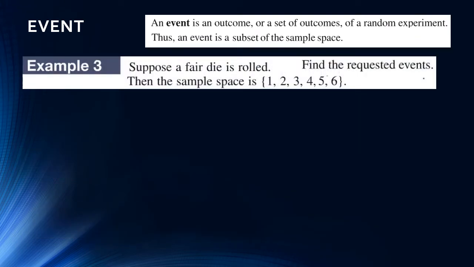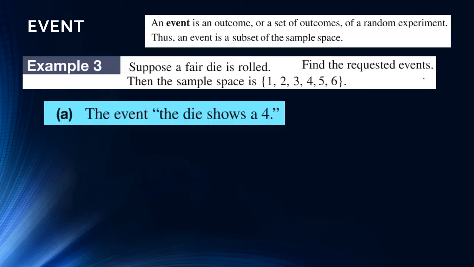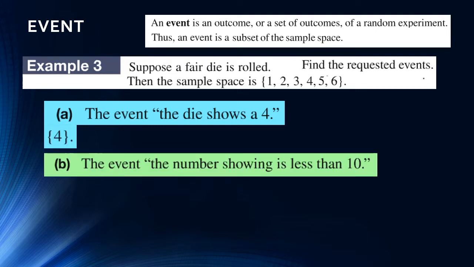Suppose a fair die is rolled. Find the requested events. The sample space is 1, 2, 3, 4, 5, 6. The event, the die shows a 4. Well, that's pretty straightforward. That's just going to be 4. The event, the number showing is less than 10. Now this is confusing.